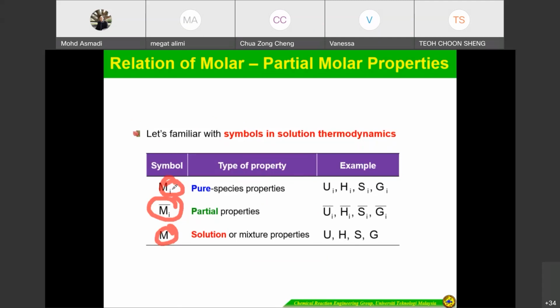If you look here, this is i with no bar, and this one with the bar is the partial property, and this one is for the solution or mixture property. So you have to remember these symbols. U is for internal energy, then enthalpy, entropy, and Gibbs energy. The difference is whether they have i, or a bar, or just without i. The i represents that particular species.